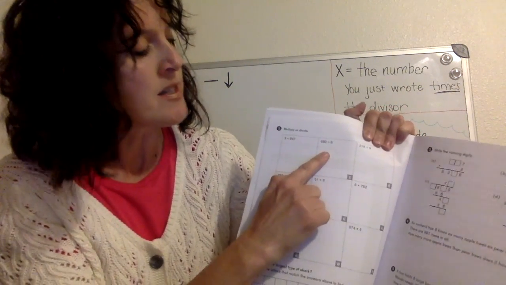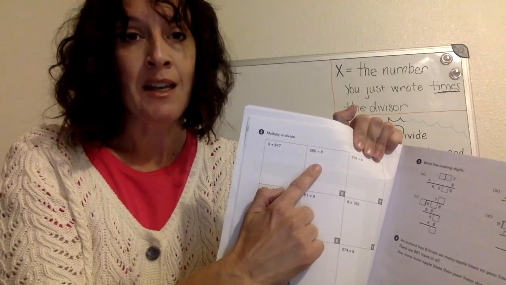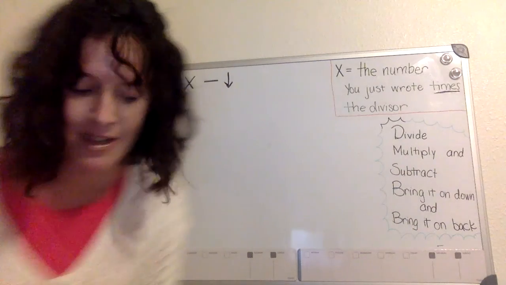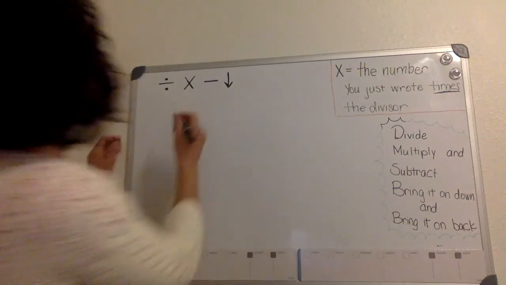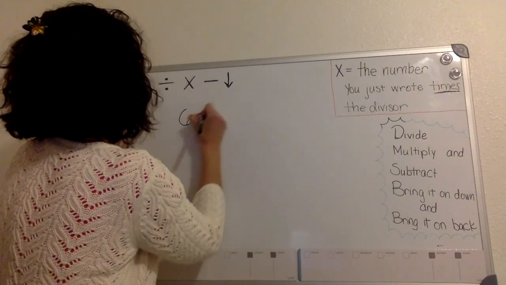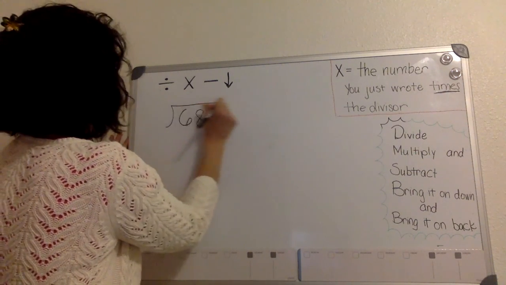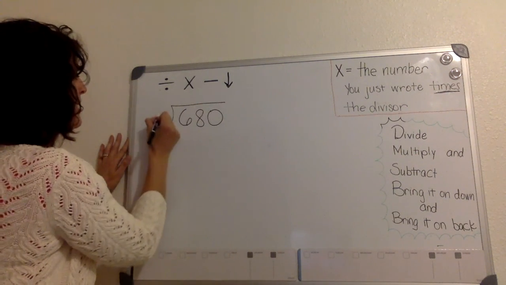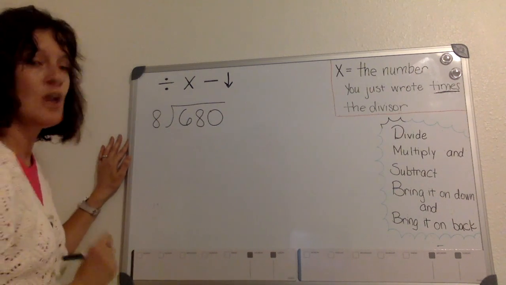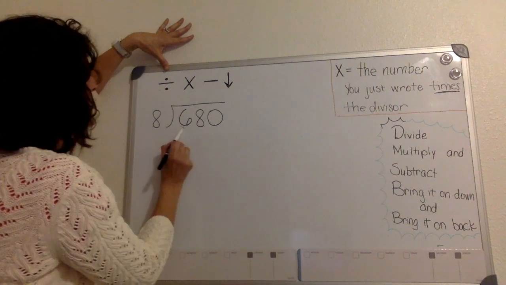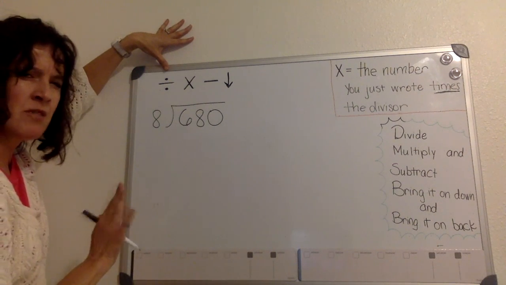The next one is 680 divided by 8. Go ahead and write it down right here because you'll see this in your homework. 680 divided by 8. First thing I do is divide. 6 divided by 8. Wait a minute here.